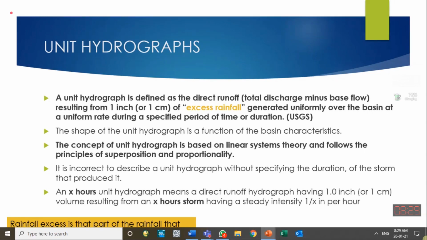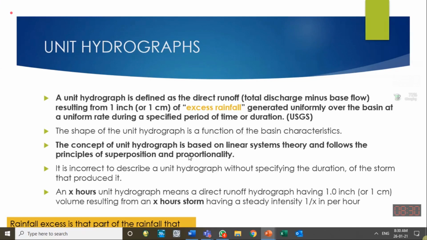They say to estimate your base flow yourself, because base flow values are a small component of the total runoff. So we assume it if we don't have the hydrographs with us. If we have the hydrographs, we can estimate it from the bottom part of the hydrograph.